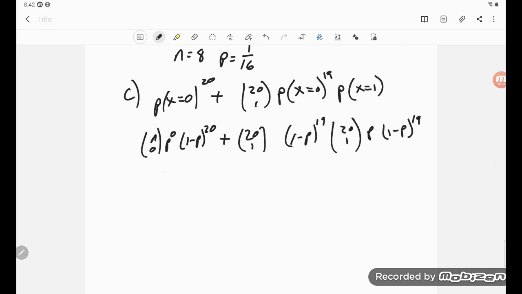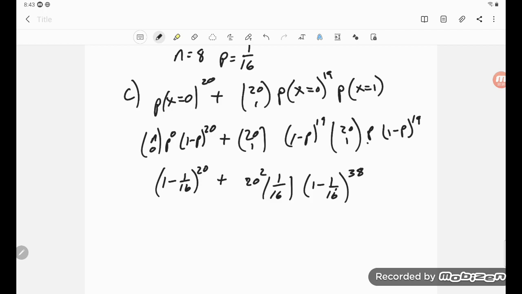So this is 1 minus 1 over 16 to the 20th, plus, and it looks like we get 20 squared here, so 20 squared times 1 over 16 for that p there. And then we get 1 minus 1 over 16 to the 38th. So I'm going to have to check that out and see what we get here. So I better pause it because that'll take me a while to do that.